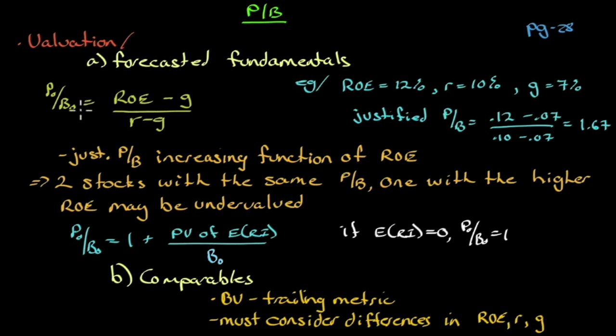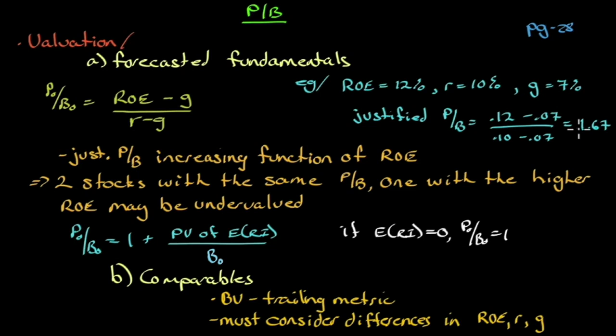Here's what we arrived at, our price to book. And remember now, we arrived at our price using the Gordon growth model, and then we algebraically manipulated it to express it in terms of a price over book. So this will end up being a justified price to book. And if we take our ROE to be 12%, our required rate of return on equity to be 10%, and our growth rate of earnings to be 7%, we have a justified price to book of 1.67.